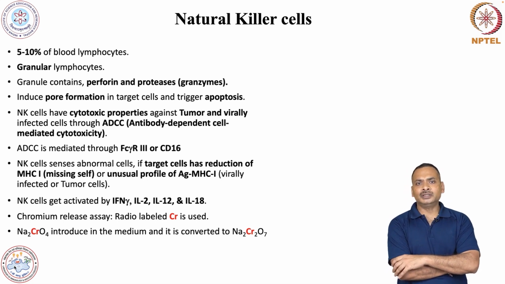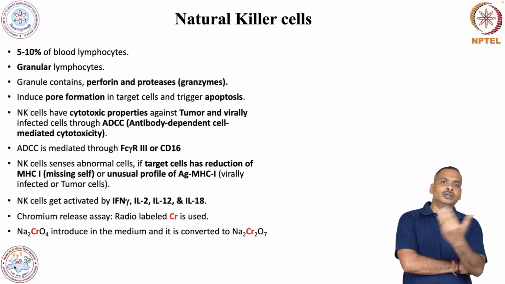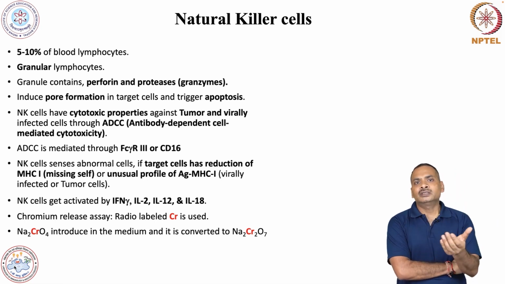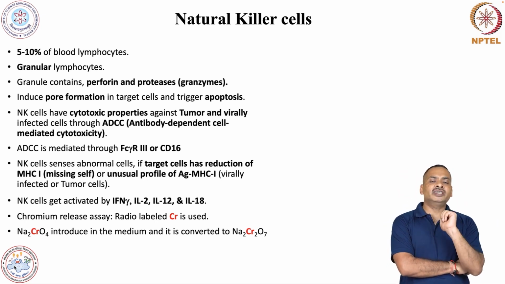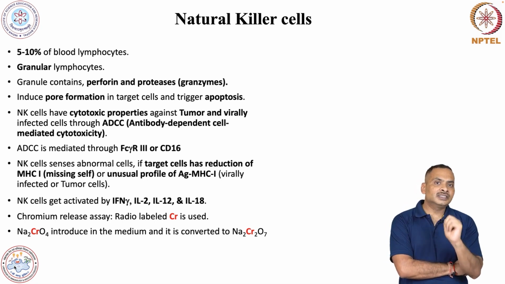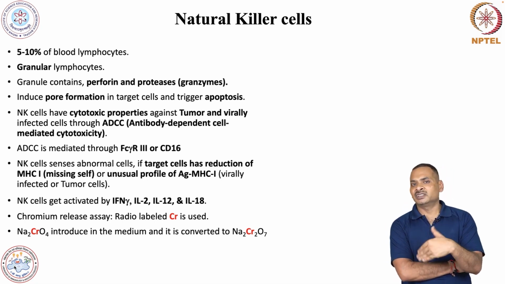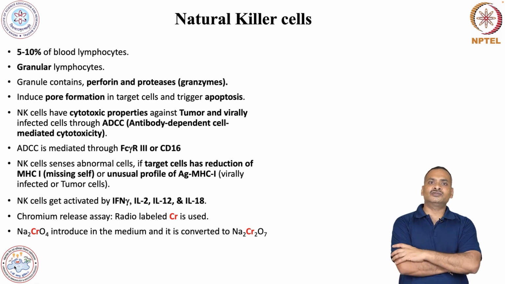into Na2CrO7, and this cannot come out of the cell. When you put NK cells over there, we will see there is death of the target cell, and there will be a release of this radioactive chromium.